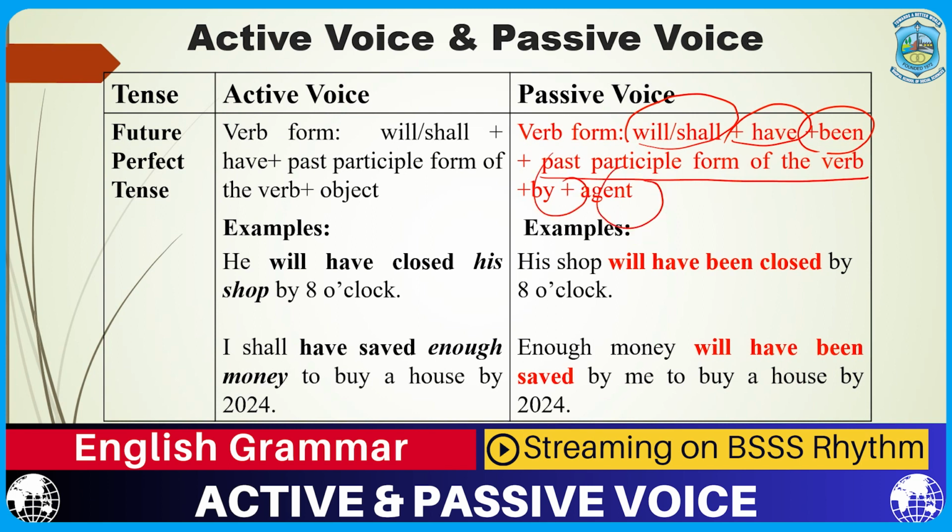And now the sentences in passive voice are: His shop will have been closed by 8 o'clock. Enough money will have been saved by me to buy a house by 2024.